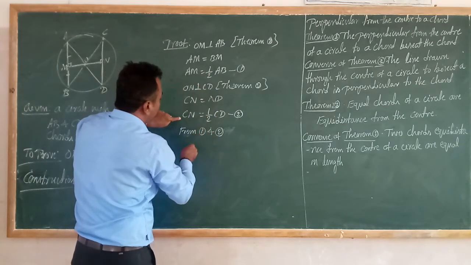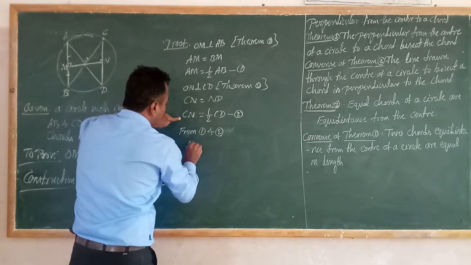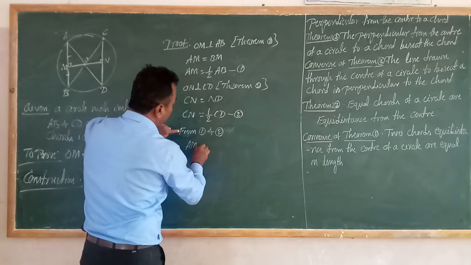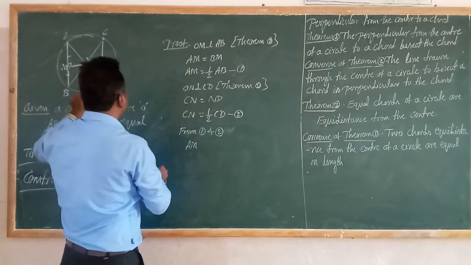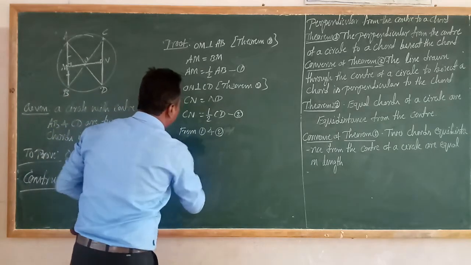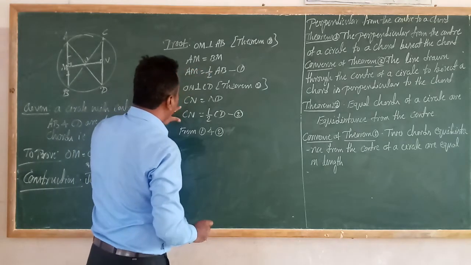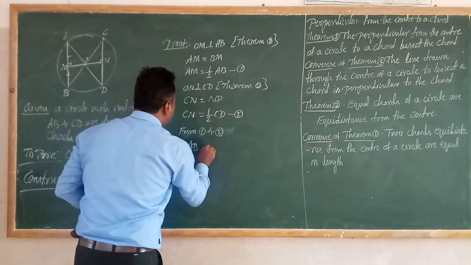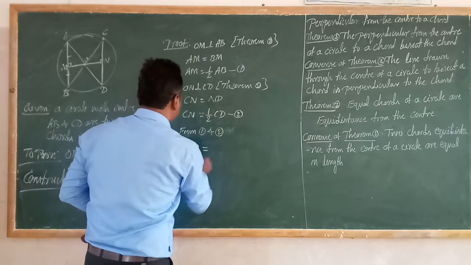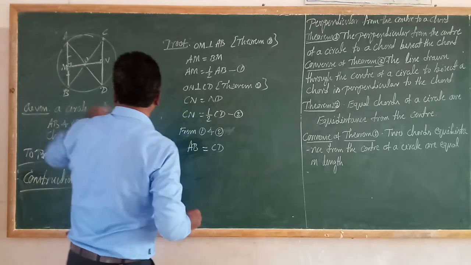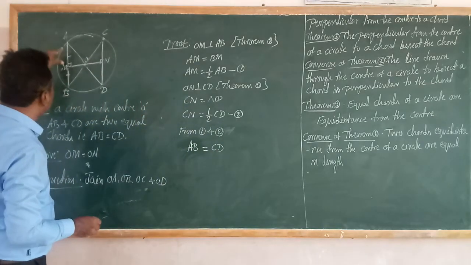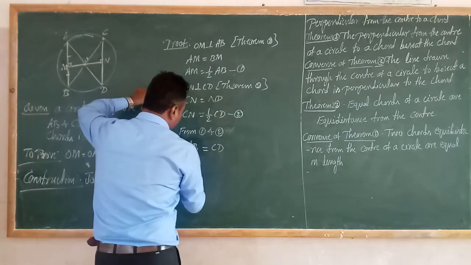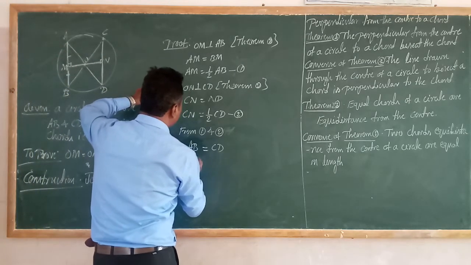AM is equal to half of the AB and CN is equal to half of the CD. So AB is equal to CD.